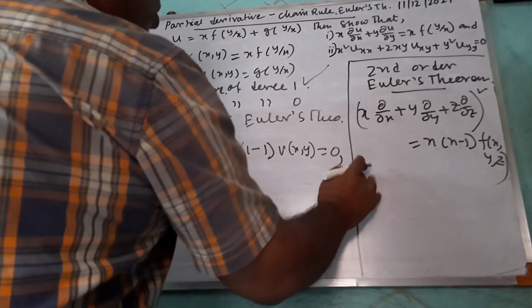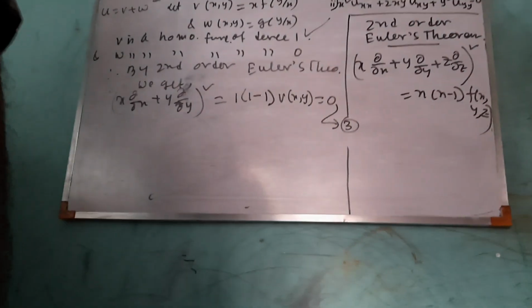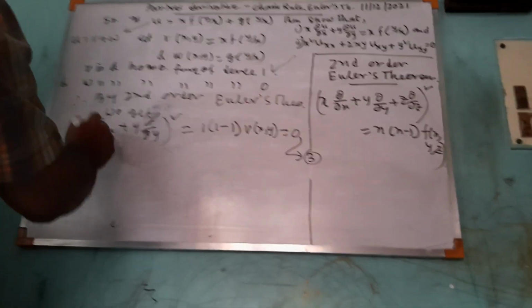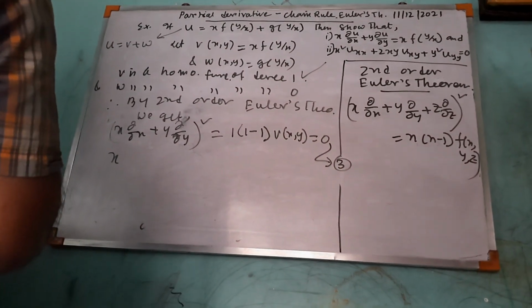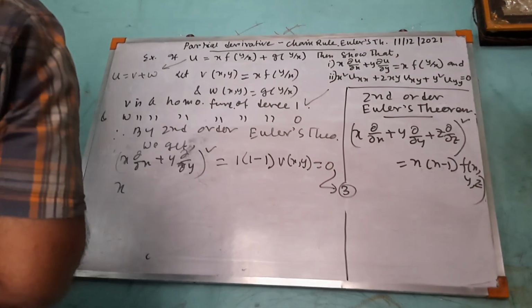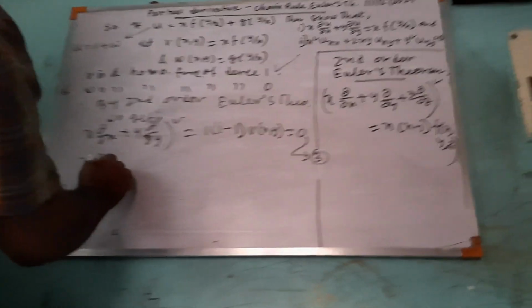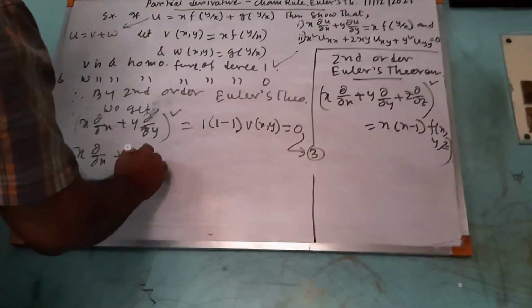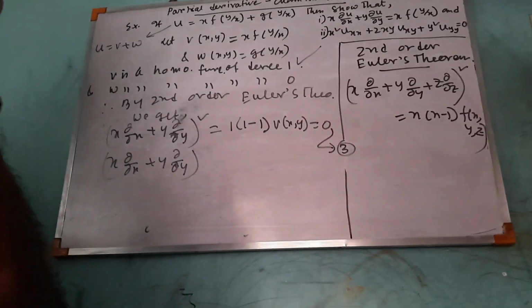This is equation number 3. Now for the second, (x ∂/∂x + y ∂/∂y)² w, where w is a homogeneous function of degree 0.